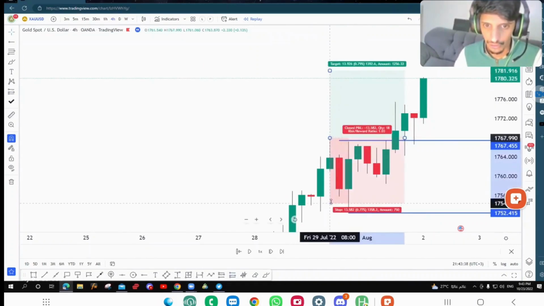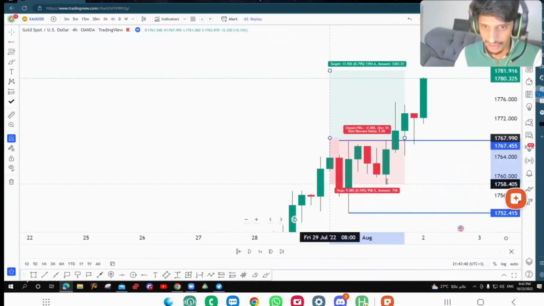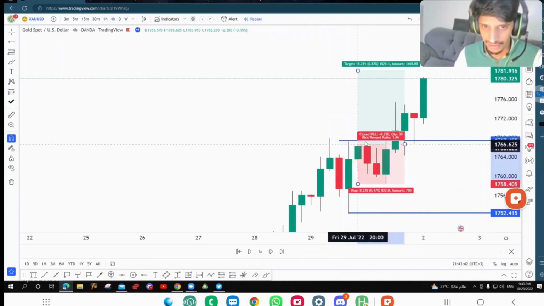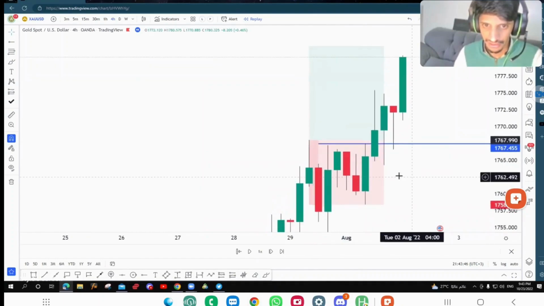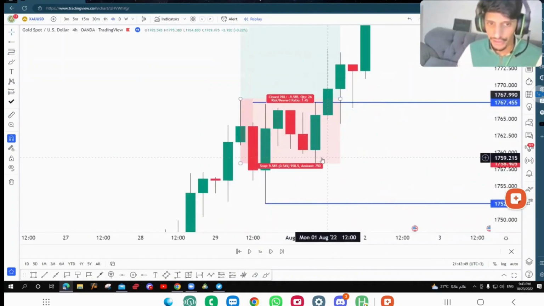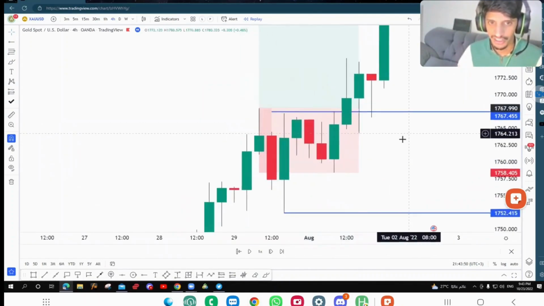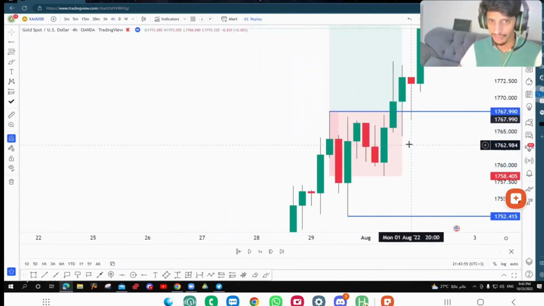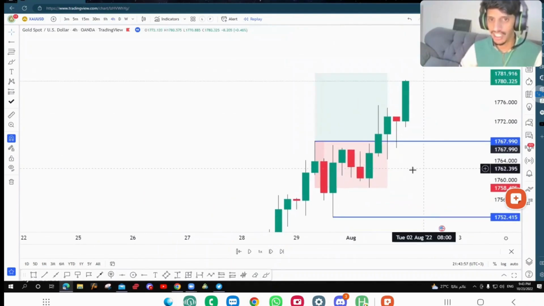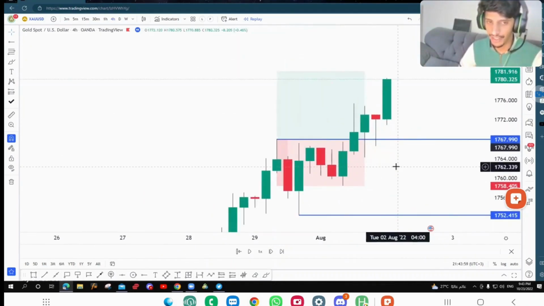So your buy stop should be here. Yes. Now you have reduced your risk here a bit. Why? Because you have chosen a higher level here. Yes, sir. Now this is the idea on higher time frame.